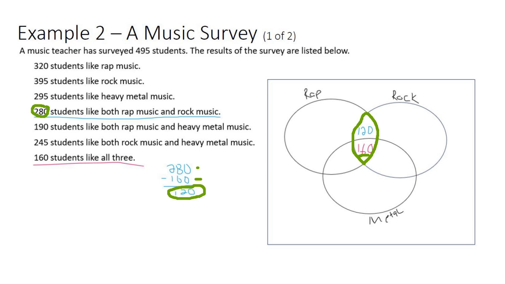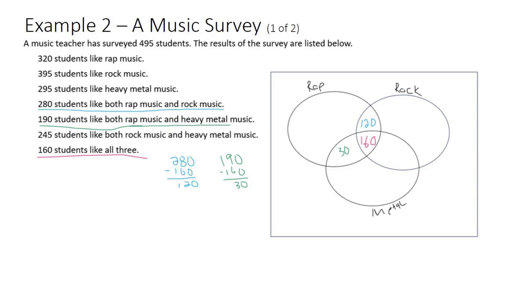So let's go to another intersection. So now we're looking at the intersection of rap and heavy metal. So again, if we look at those two circles in a little more detail, I'm going to highlight it in green. That's the intersection. And here we already know that we have 160 students that like rap, rock, and metal.